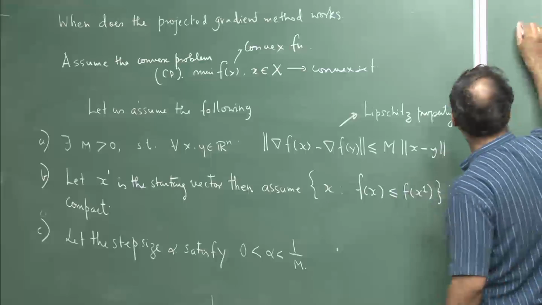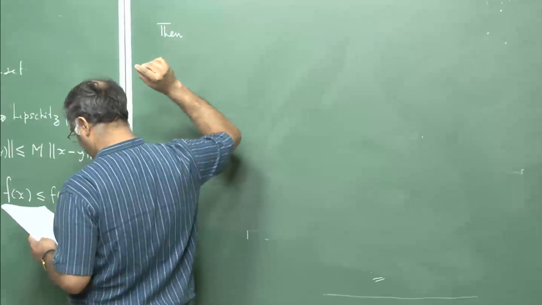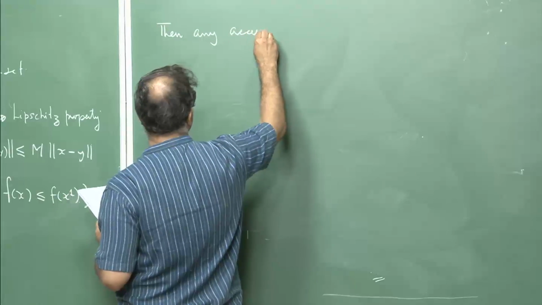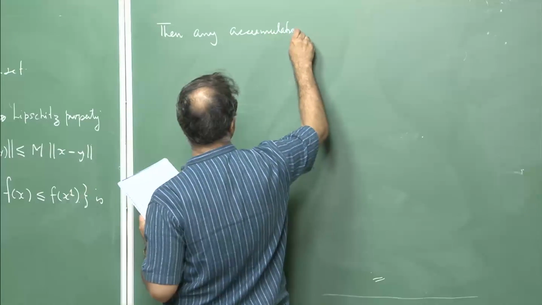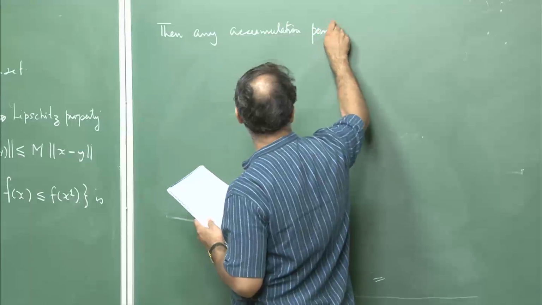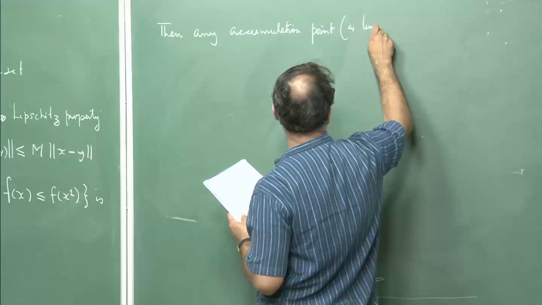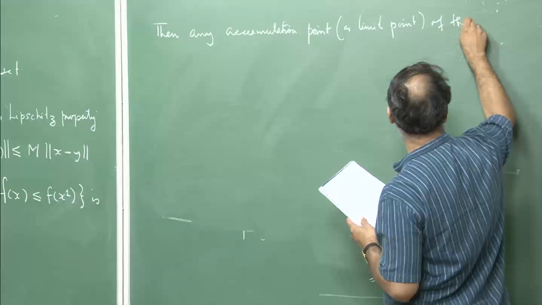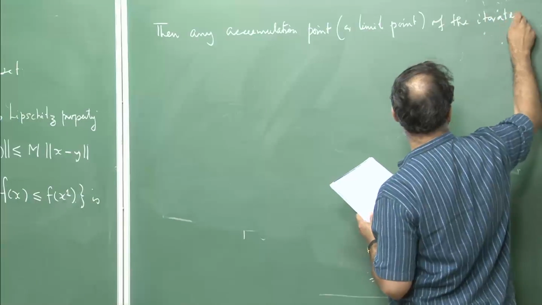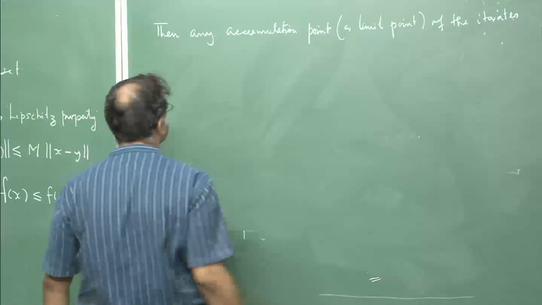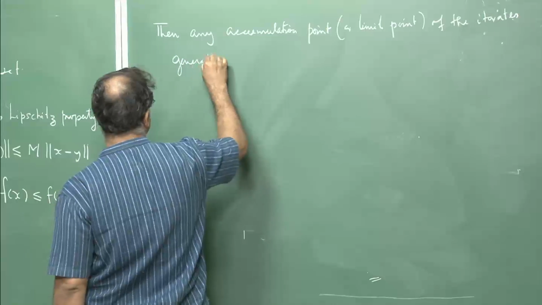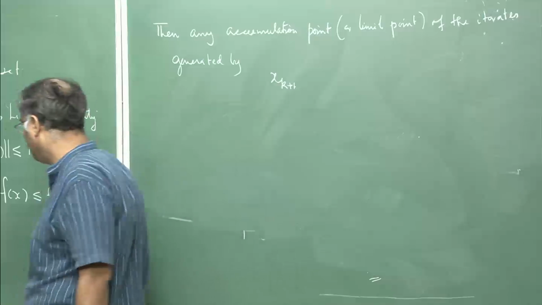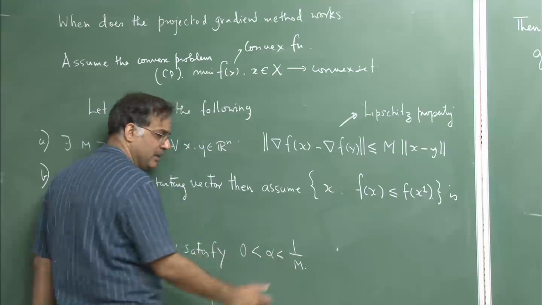So, if this happens, then any accumulation point or limit point of the iterates generated by the projected gradient method, so you choose your alpha, step size should not exceed this quantity.